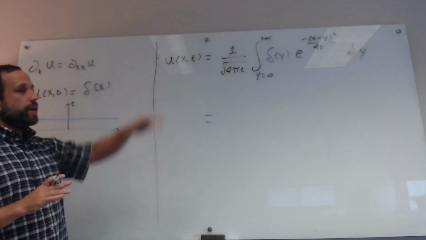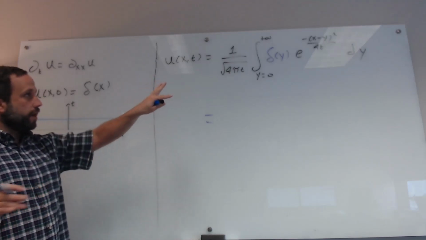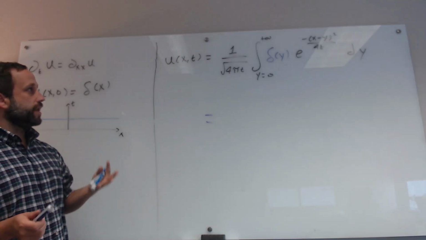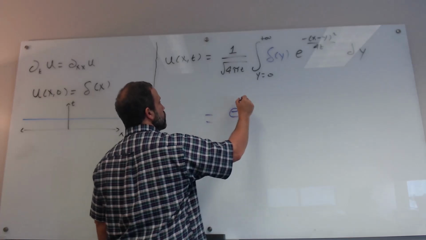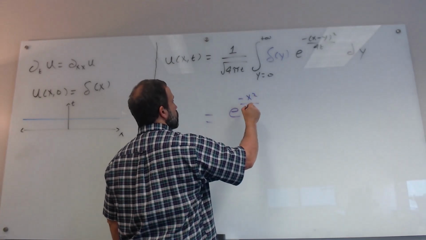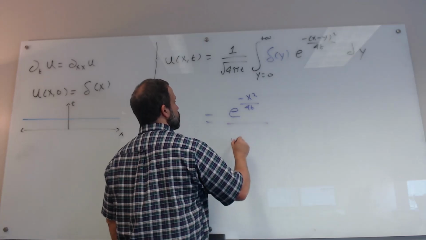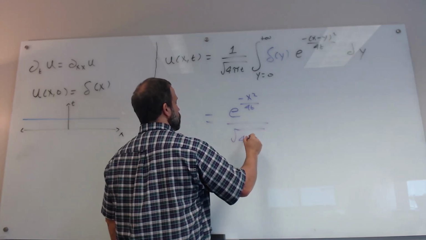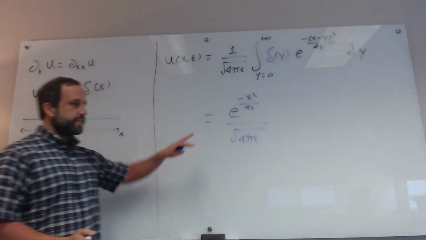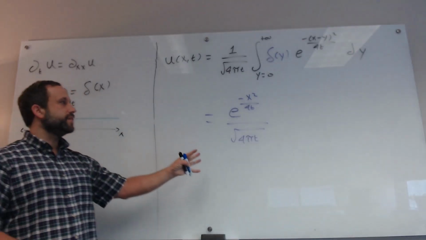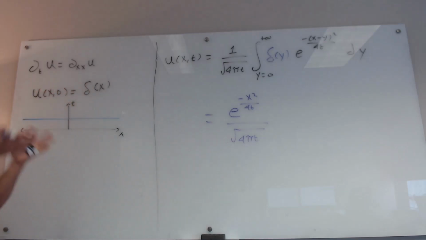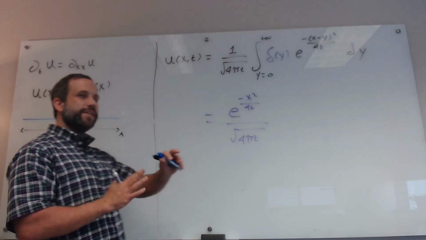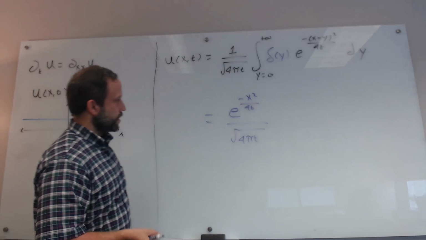It just evaluates the other function in the integral at 0, that is, where the variable y is equal to 0. So this is equal to e to the minus x squared over 4t, divided by the square root of 4 pi t. So this gives us reason to believe that this is a solution to the diffusion equation, because the Fourier transform technique shows this is a solution to the diffusion equation. But I want you to actually get your hands dirty and compute it.